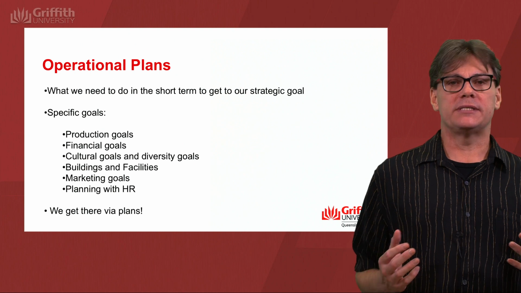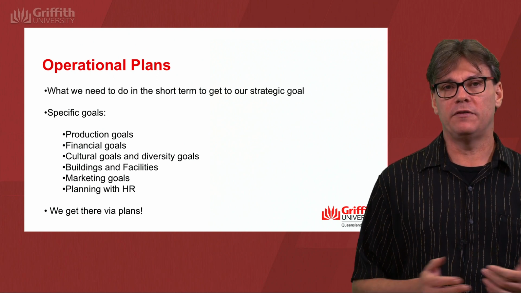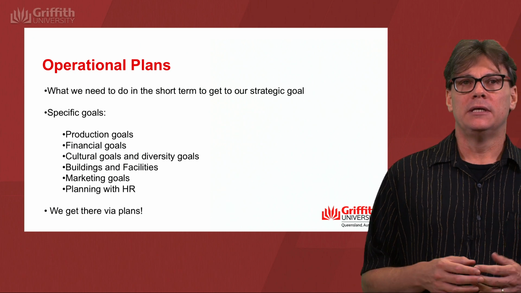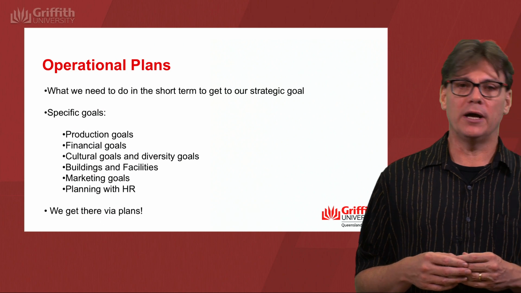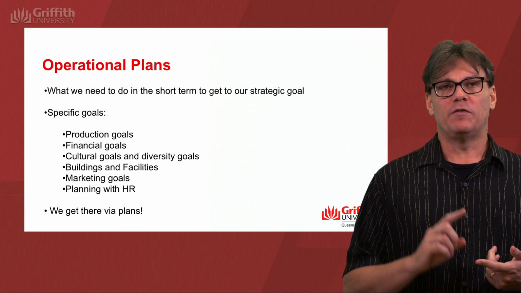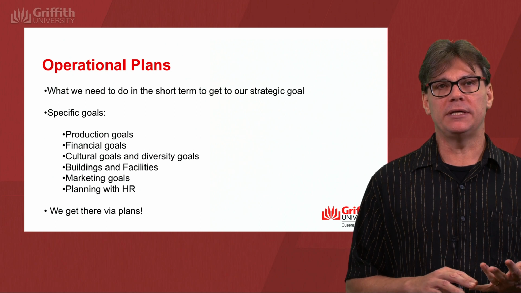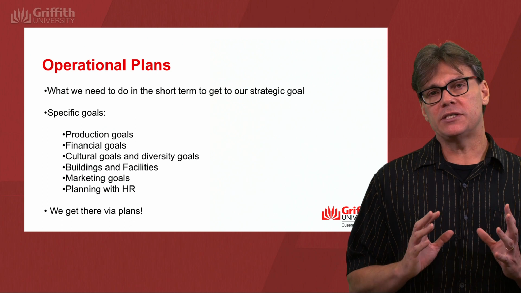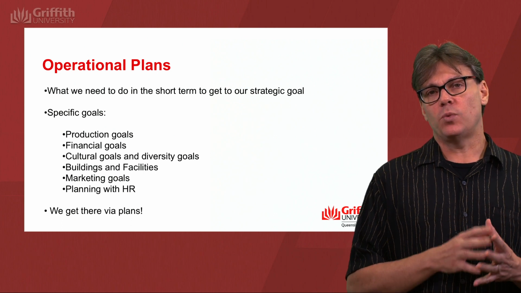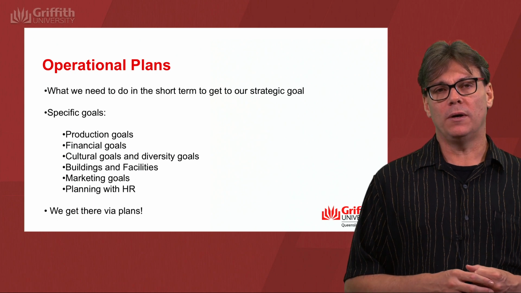So a big organization like this one, or the organization perhaps where you've worked before, or McDonald's if you've worked there, is a giant machine. It's the best way to think about an organization. It's made up of production goals, financial goals, cultural and diversity goals, buildings, facilities, marketing, planning, and so forth. Any organization that you see operating has a suite of plans that it uses to try and achieve its objectives in the real world.